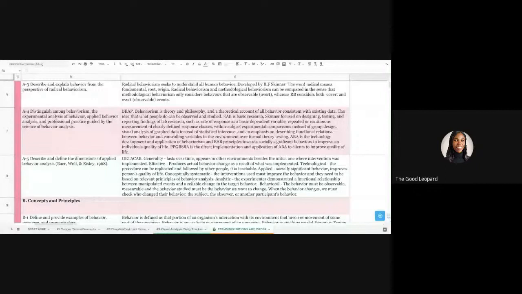events for radical behaviorism, whereas with methodological, you're only going to really be worrying about public events, things that you can see. So methodological is more strict, and radical behaviorism is just more open. It's going to be considering both the inner dimensions of the person and also the environment and what someone could see and document.